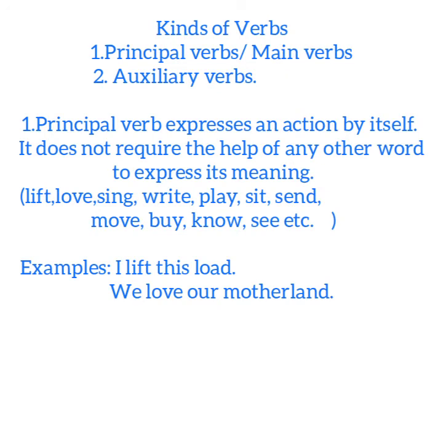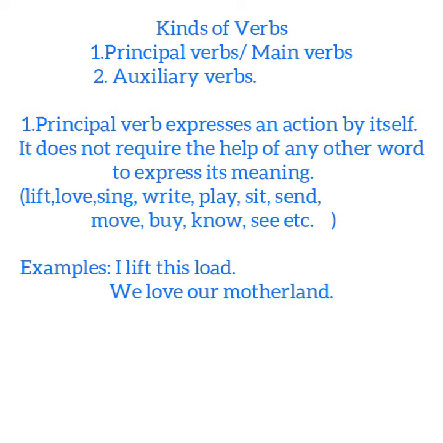Let us learn the 2 kinds of verbs. One is principal verbs or main verbs. Two, auxiliary verbs. Let us learn in detail about the principal verbs and auxiliary verbs. Number 1, principal verb. A principal verb expresses an action by itself. It does not require the help of any other word to express its meaning.